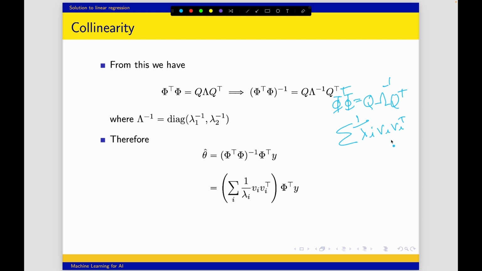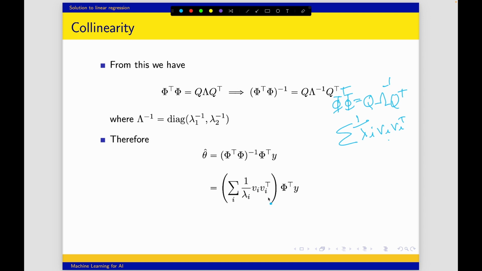So these are the eigenvectors which form the columns of this. You can work this out yourself. It's fairly straightforward, this relationship. It's just messy, but it's straightforward. So again, these are the eigenvectors of our matrix, phi transpose phi.